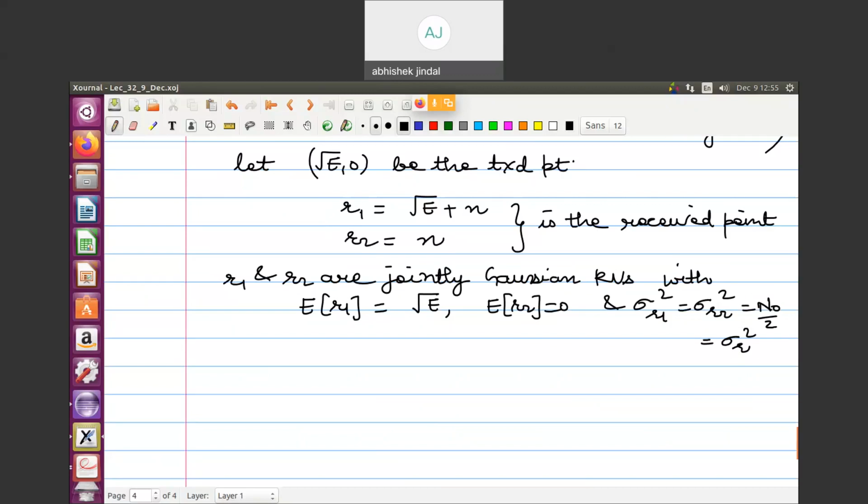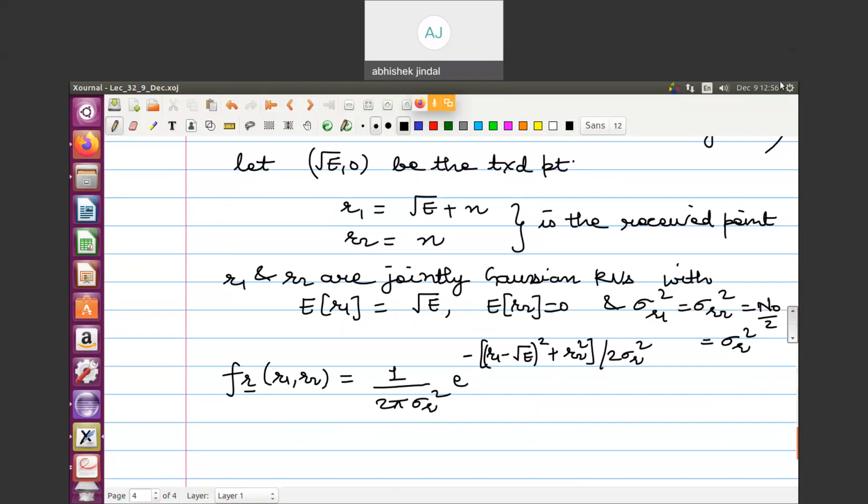We can now write their joint density. The joint density is 1 upon 2 pi sigma r square, e raised to the power minus of (r1 minus root of E) whole square plus r2 square, divided by twice sigma r square. This is the joint PDF of R1 and R2.